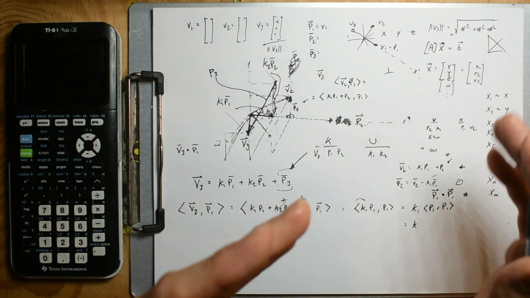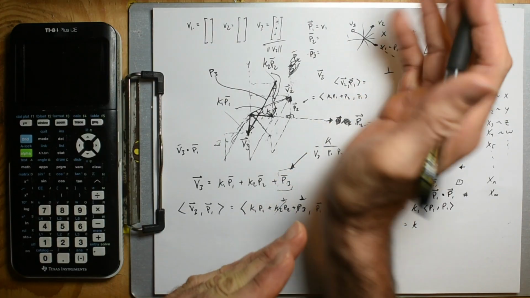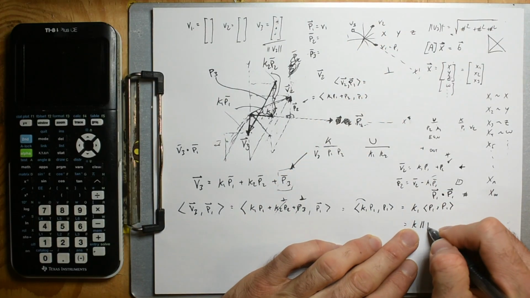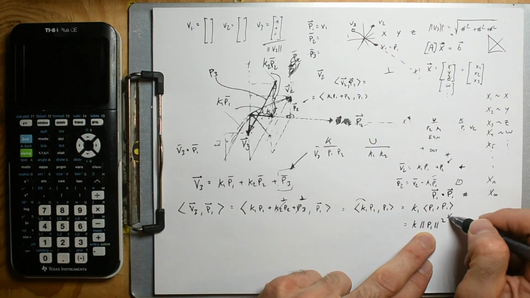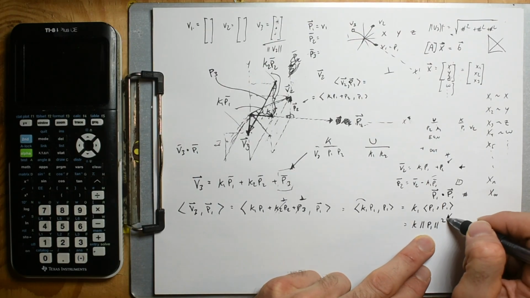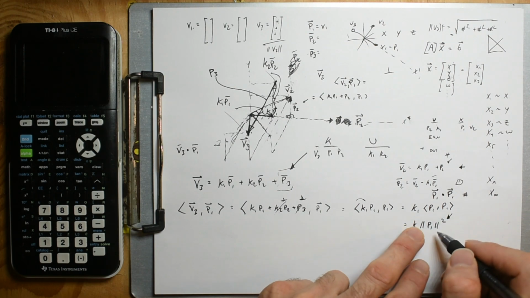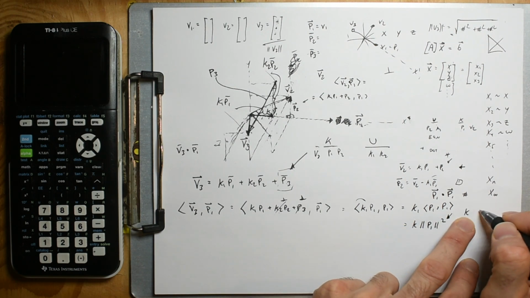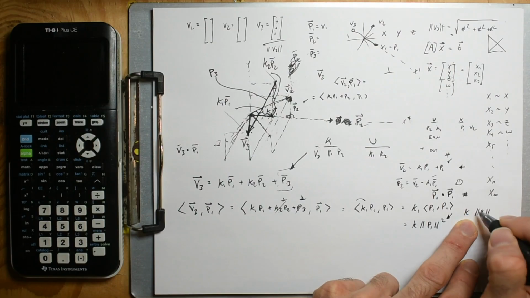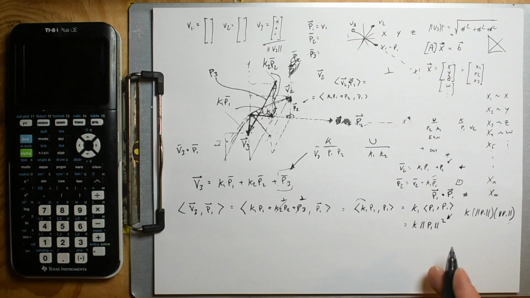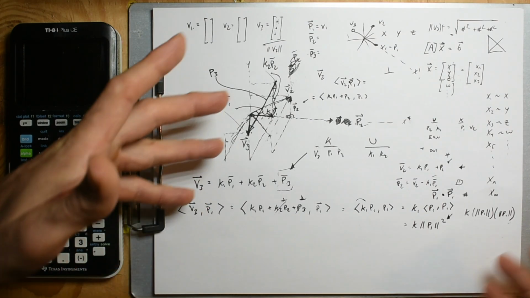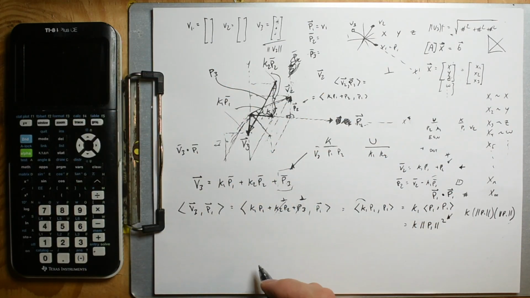So it's going to be the magnitude of P1 times the magnitude of P1. That's where we say this is the magnitude of P1 squared. If you don't see that, and I don't see that on a daily basis, it even helps me to not skip the step and do it like this: magnitude of P1 multiplied by the magnitude of P1. Hell yeah. I just throw in the extra parentheses because they're scalars.